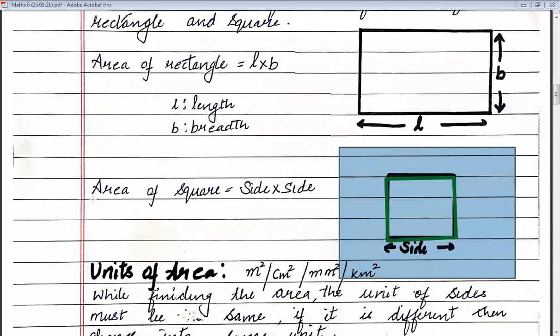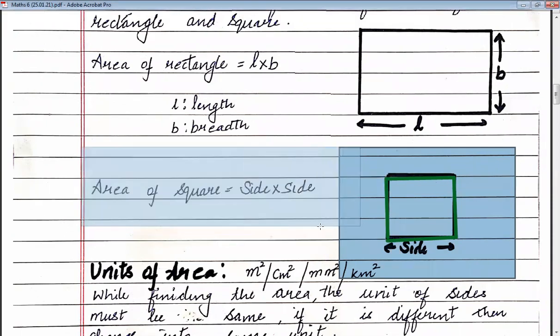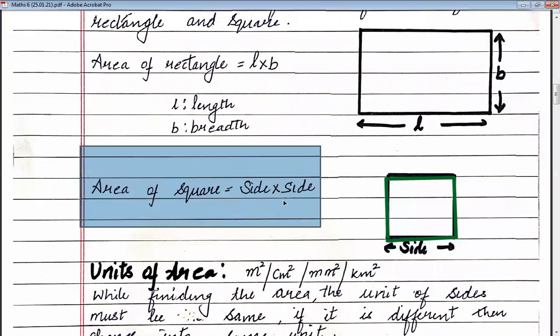Area of square is equal to side multiplied by side. You just have to multiply side by side.